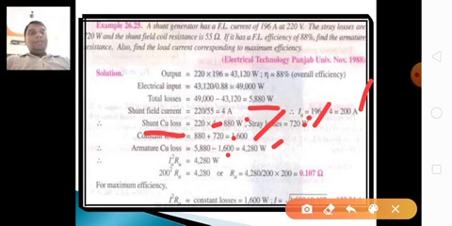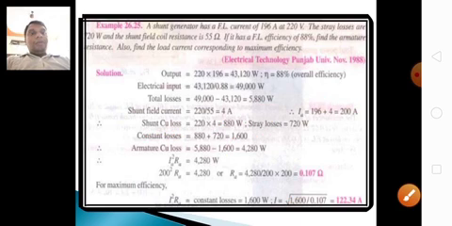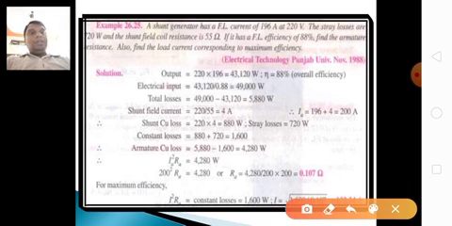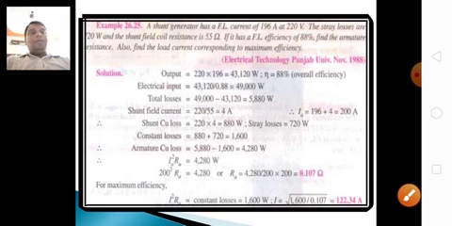Now for maximum efficiency, find the value of load current. So we have to find the value of I. For maximum efficiency, I square RA equals the constant loss, 1600 watts, which is already given. Substituting RA equal to 0.107, we find I equal to the square root of 1600 by 0.107.